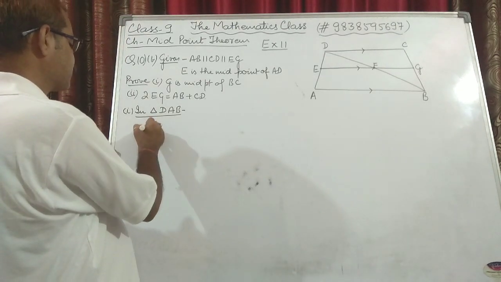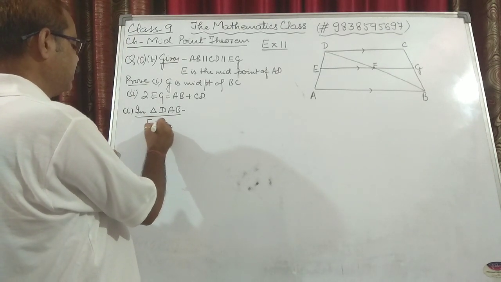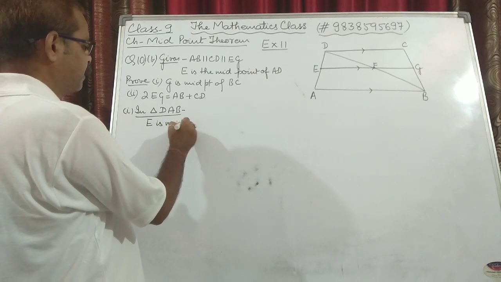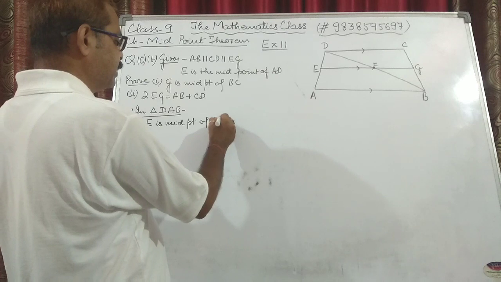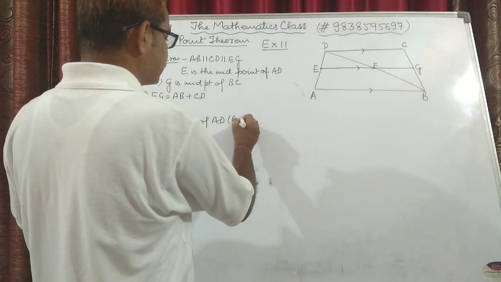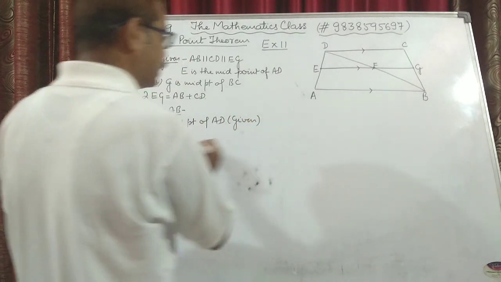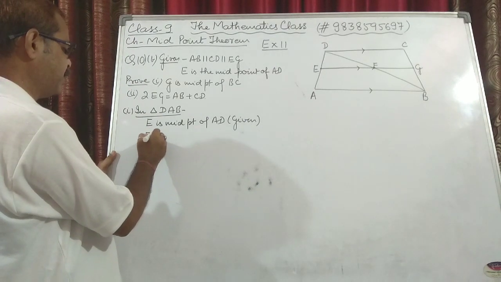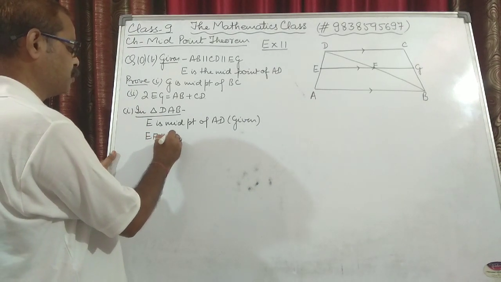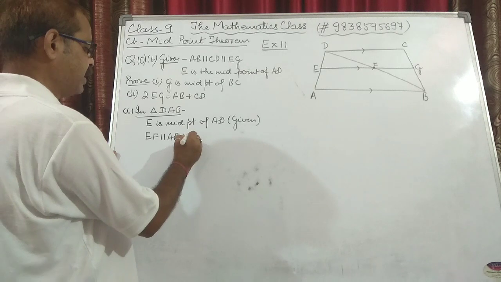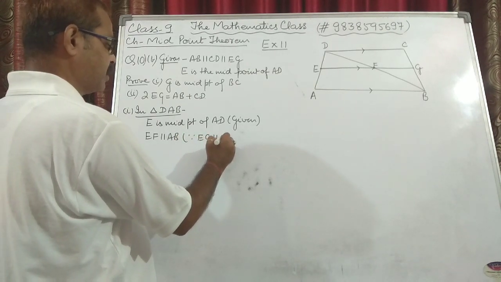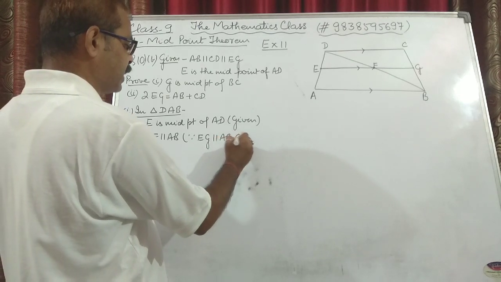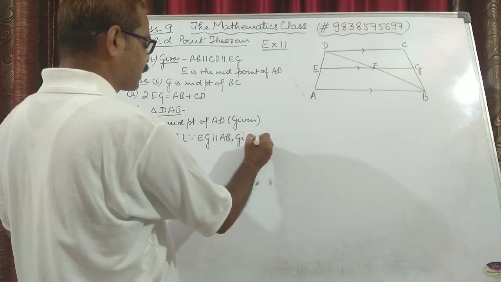So first point is E is midpoint of AD. This is given. Second point, we can say that EF is parallel to AB. Why? Since EG is parallel to AB and that is also given.